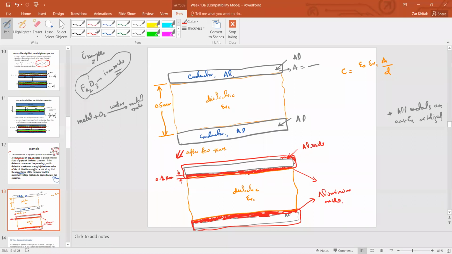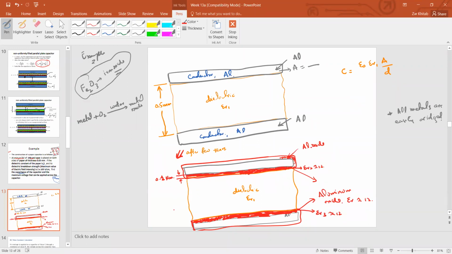And this aluminum oxide has epsilon R nearly 12, and this aluminum oxide is behaving like your second and third dielectric. So now we have a second dielectric here, epsilon R2, and a third dielectric here, epsilon R3. This is nearly 12. This is nearly 12.